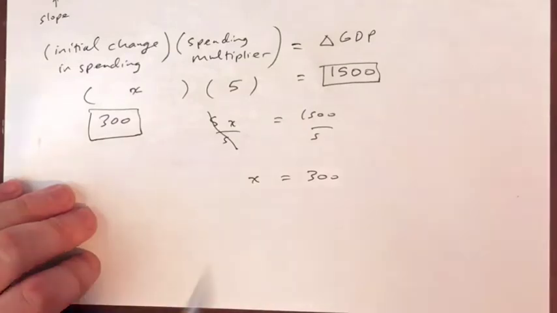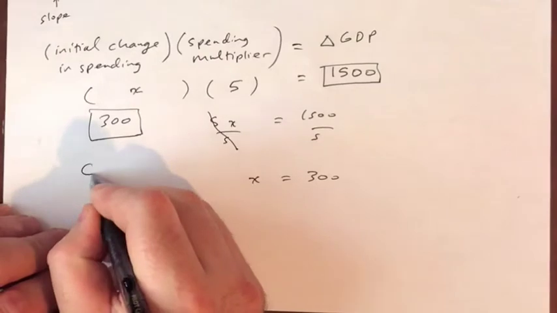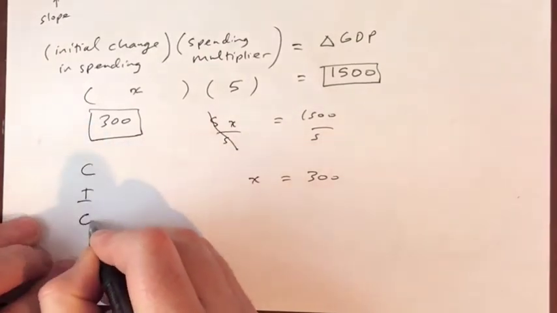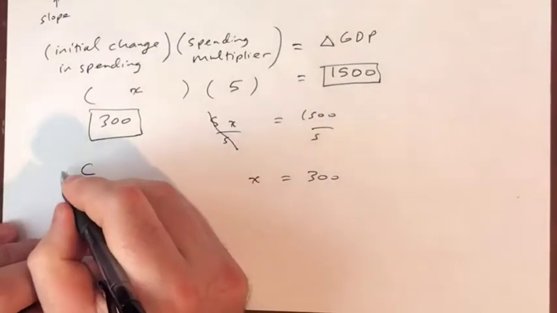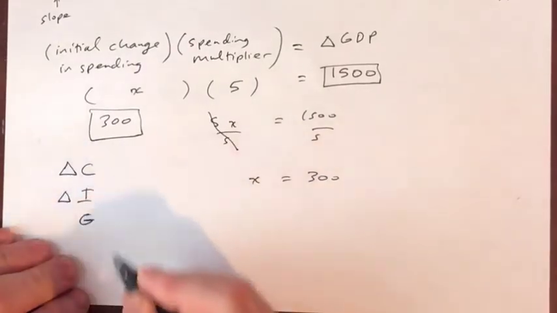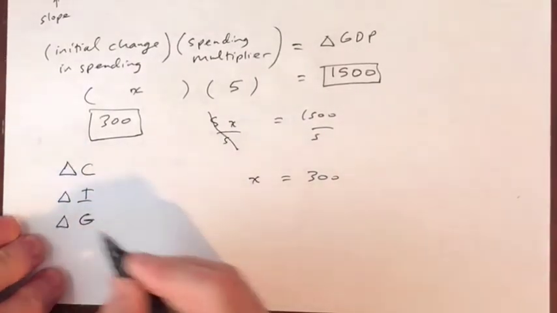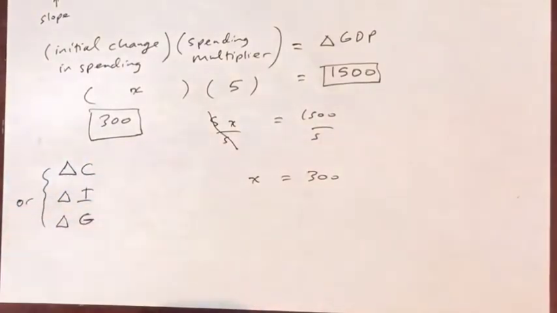Now, how do we get spending to increase? We have said there's consumption, there's investment, there's government spending. So it could be any one of these. We could have a change in consumption, delta C. We could have a change in investment, or we could have a change in government spending. Any of these, or maybe some combination. Could be any one of them.